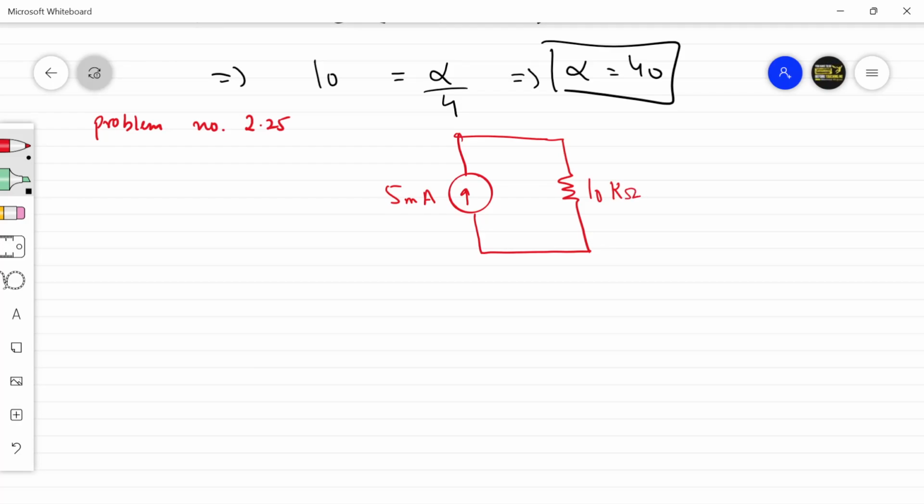This means actually 10 kilo ohm resistance. We simply write it as 10k, across which the voltage has been given is equal to V naught, and there is a dependent current source here whose value is 0.01 V naught.